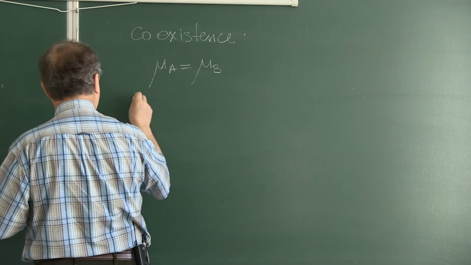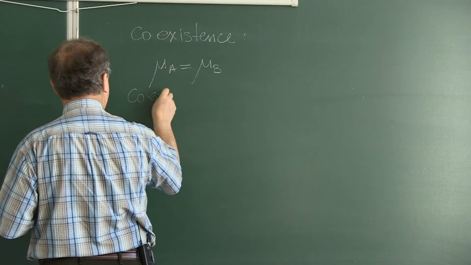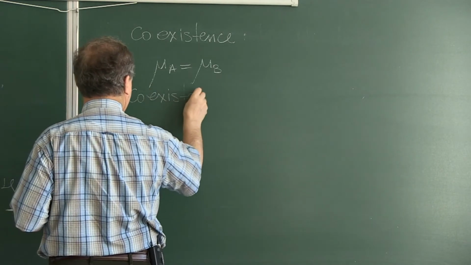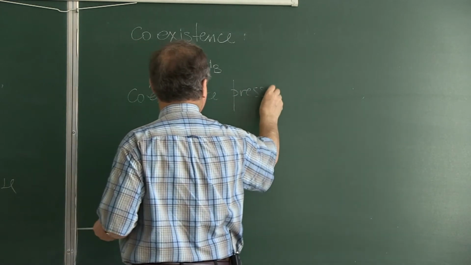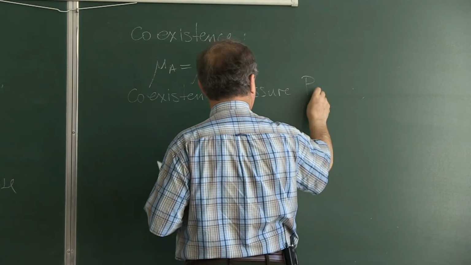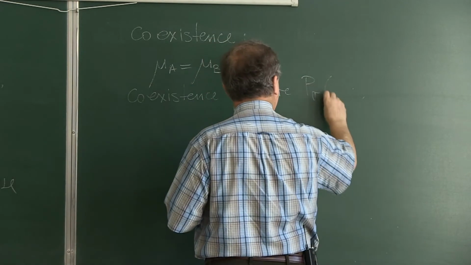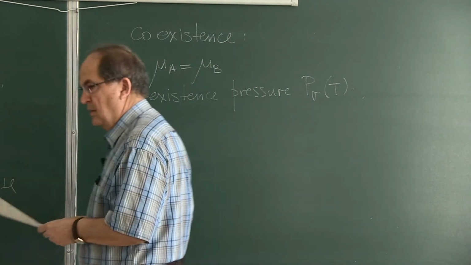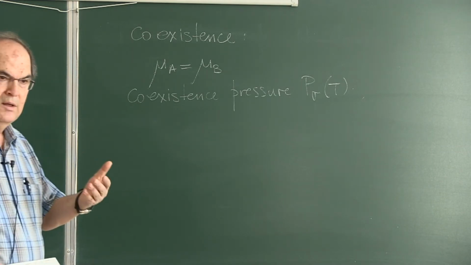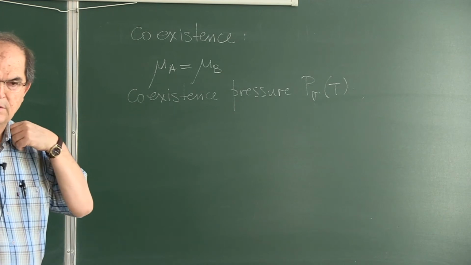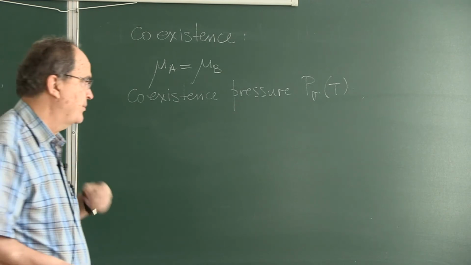If you define it to be P sigma as a function of temperature, you can always get a cross section at constant volume and write the phase diagram as a PT diagram.